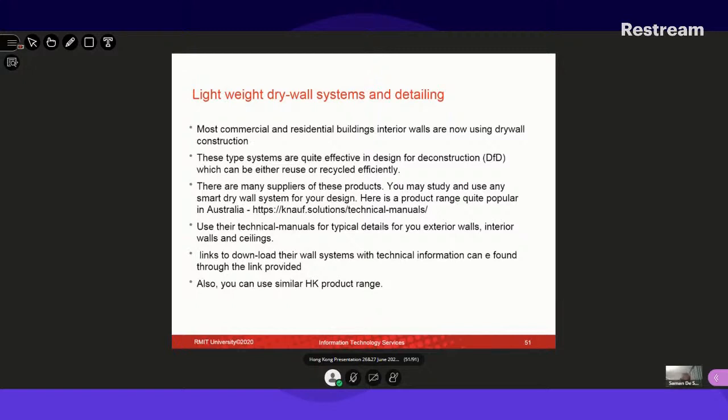And when you're designing your floor slabs, if you have light partition walls, interior walls, which are hopefully non-load bearing, then in that situation you probably would be better off.